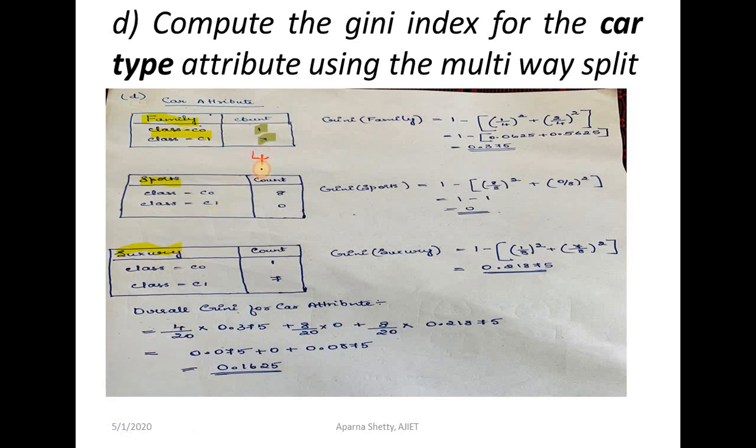So 1 minus (1 divided by 4) the whole square plus (3 divided by 4) the whole square. Okay, you will get 0.875. Sorry, you will get 0.375.